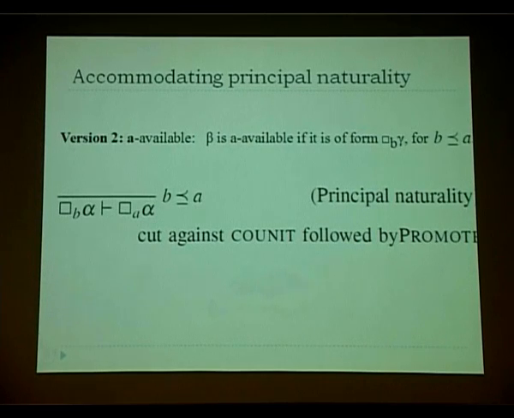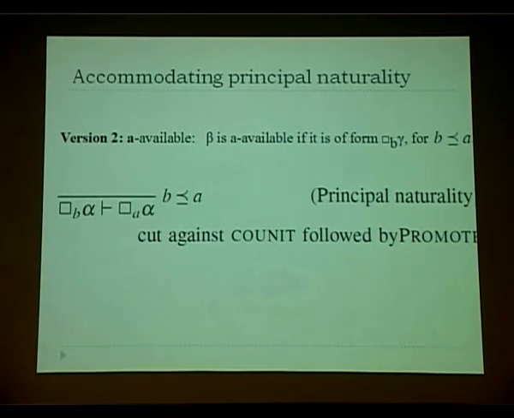But we have to go a little bit further. Okay. Because we want to make sure that we get principal naturality, okay? So we're going to be loosening. The first thing we'll say is, oh, beta is A available if it's of the form box B gamma, where provided B is less than A. So there's a mild weakening here, right? A is less than A, so this includes the version we have written before.